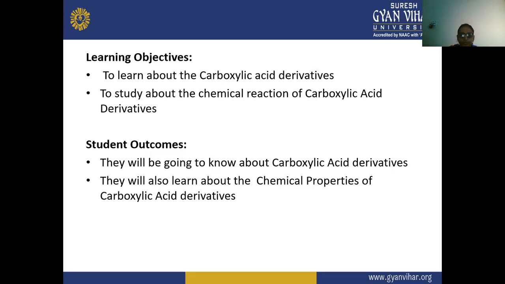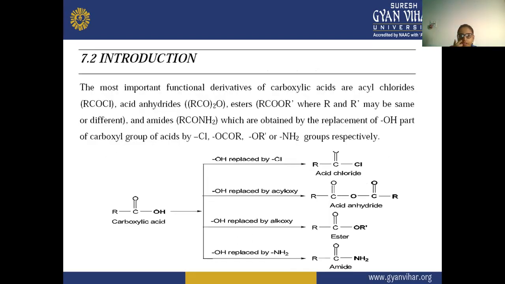So next, the introduction of this topic is that the most important functional derivatives of carboxylic acids are acyl chloride, acid anhydride, esters, and amides, which are obtained by the replacement of the OH part of the carboxylic group of the acid by Cl, OCOR, OR dash, or NH2 group respectively.